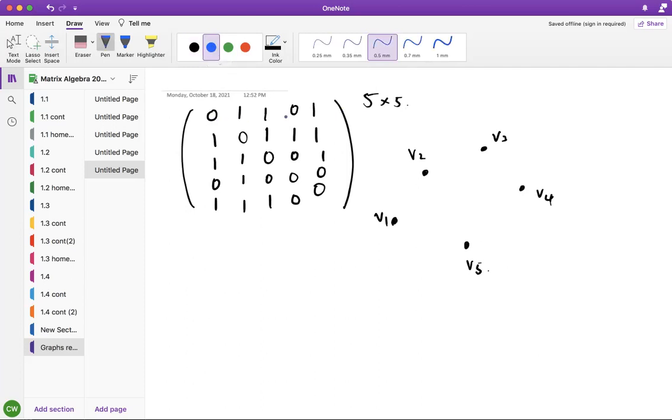This means that V1 is connected to V2 and is connected to V3 and is connected to V5. So V2 is connected to V1, we already did that. It is also connected to V3, is connected to V4, and is connected to V5.